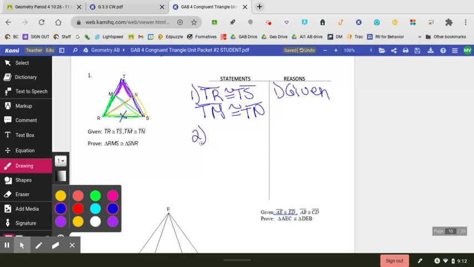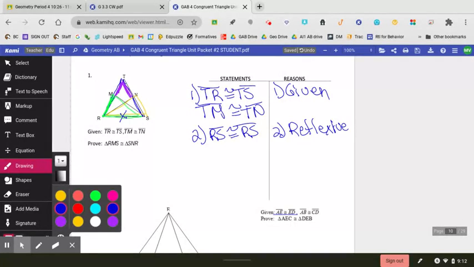So I'm going to say that RS is congruent to RS, and that's reflexive. And that really has nothing to do with my givens. That's just what I notice when I outline the two triangles. So that gives me one side.